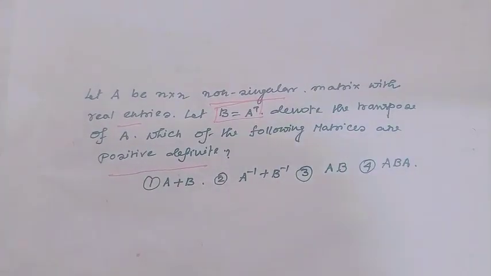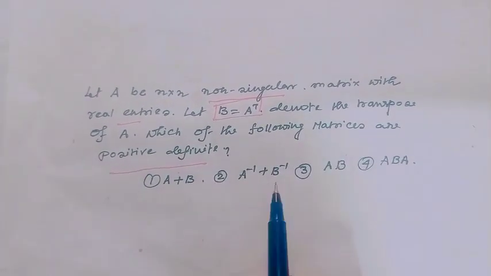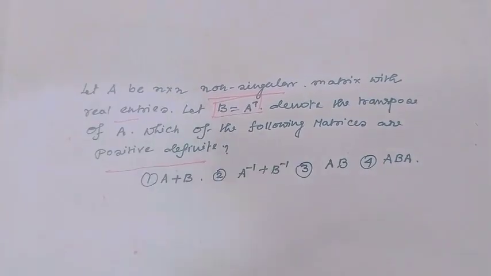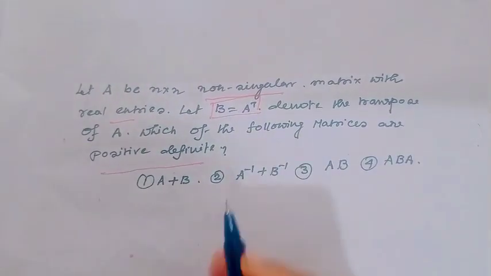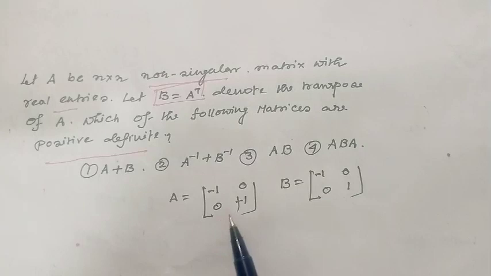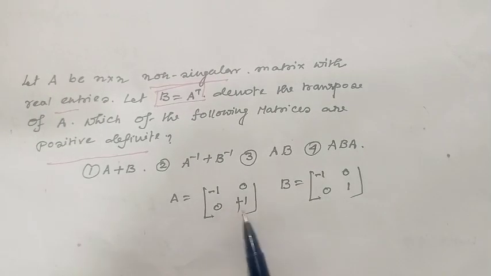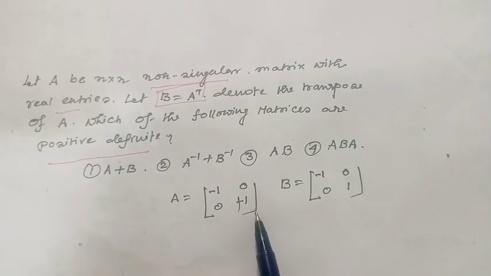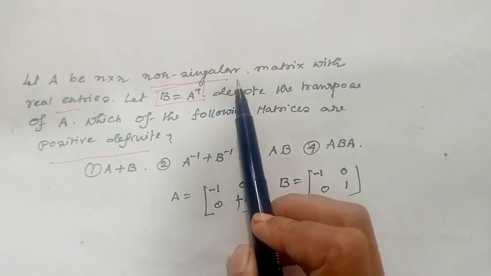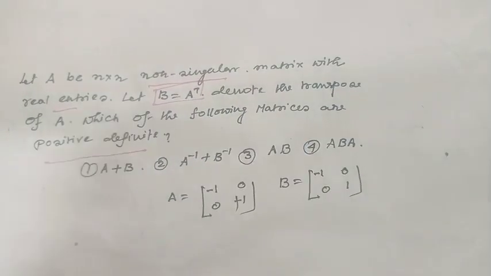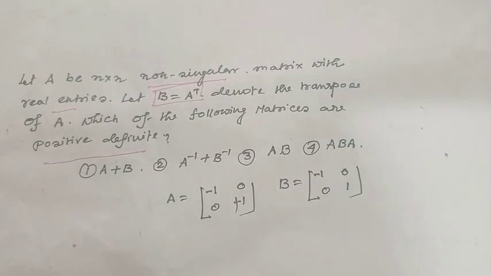Option 1 A plus B, option 2 A inverse plus B inverse, option 3 AB, option 4 ABA. For this, consider A equal to the matrix -1 0 0 1, because the question has given A as an n cross n non-singular matrix with real entries, and B equal to A transpose.